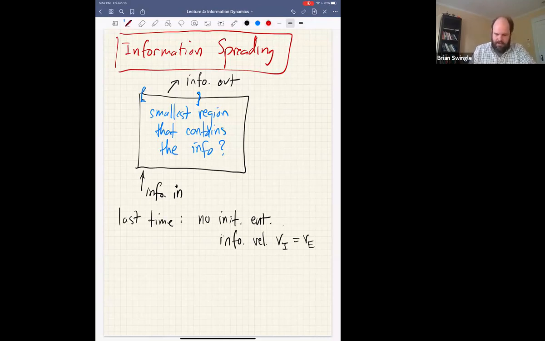And this information velocity you can think of as being defined as the size of the region equals v_I t.